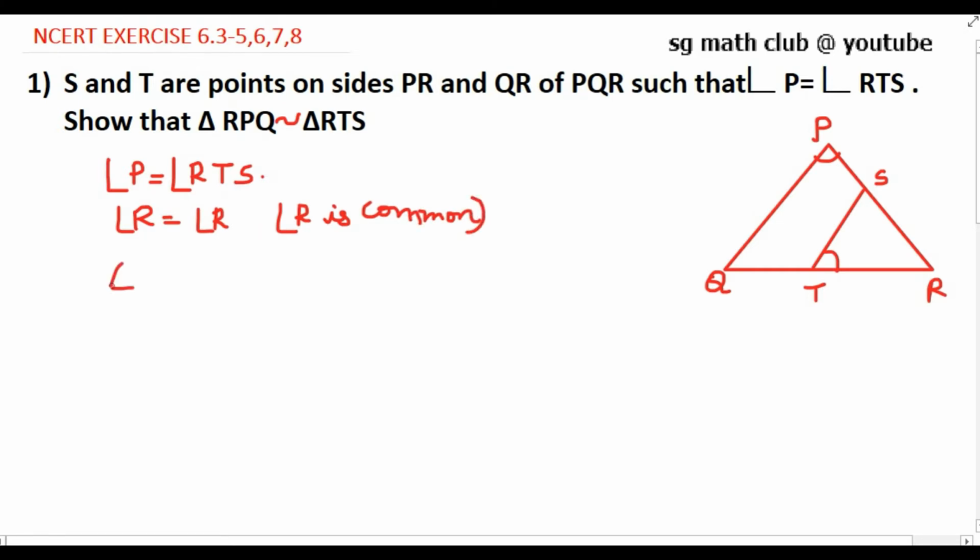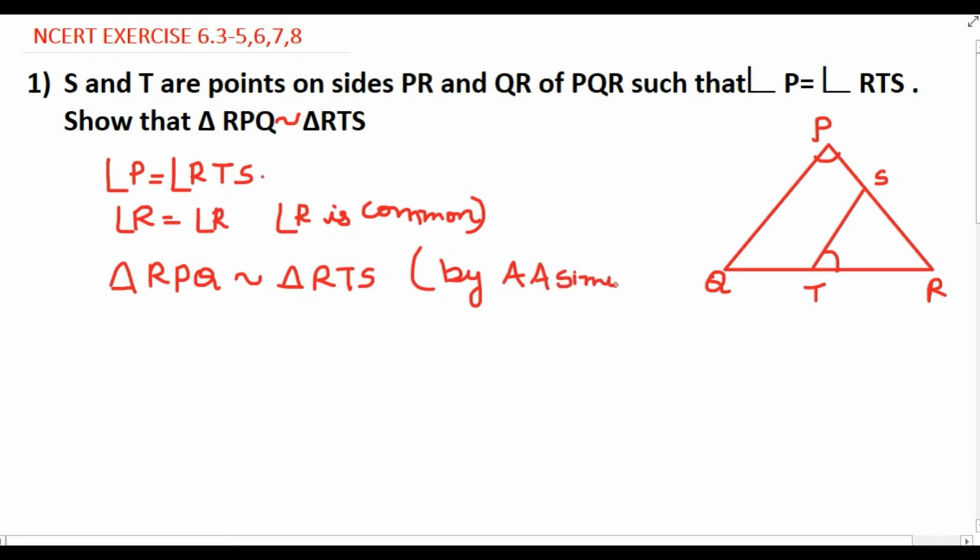So I can say that triangle RPQ is similar to triangle RTS by AA similarity criteria. If two corresponding angles of two triangles are equal, then their corresponding sides will be proportional, and hence these two triangles are similar by AA similarity criteria.